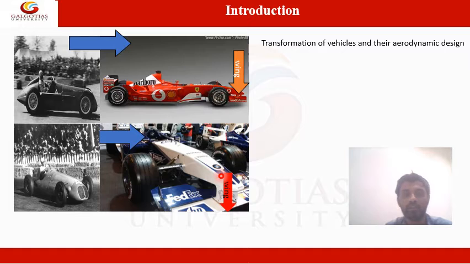When I speak about the history behind the aerodynamics of a car, I can say that aerodynamics has played a very important role in car racing since the late 1960s, when the first invented wings appeared in some formula cars.